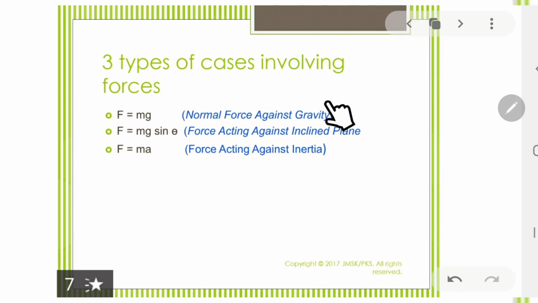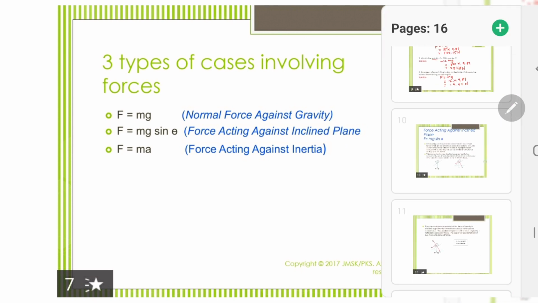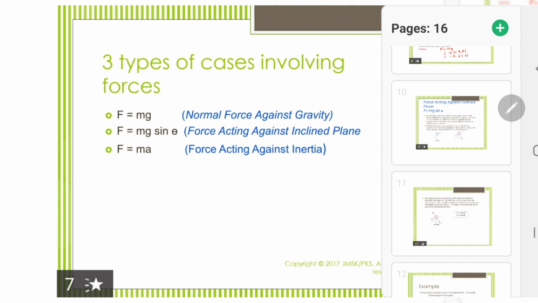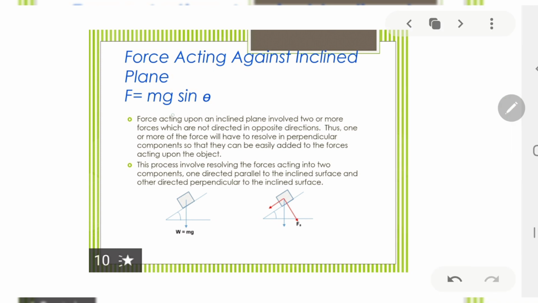Alright. So for those questions, we used the formula F equal to mg. For the next situation, we will use the second formula, F equal to mg sin theta. So force acting against an inclined plane, F equal to mg sin theta. It says that the force acting upon an inclined plane involves 2 or more forces which are not directed in opposite direction.